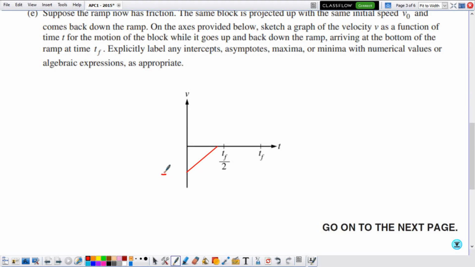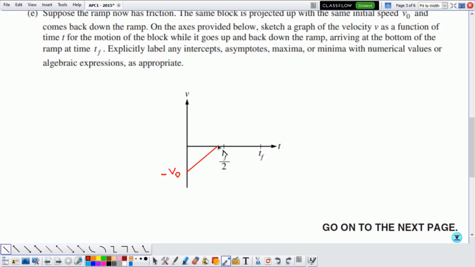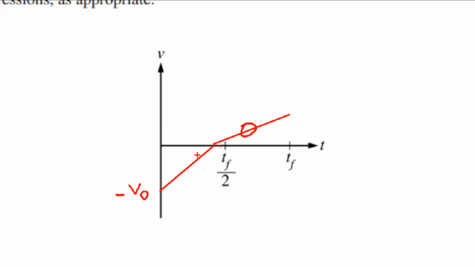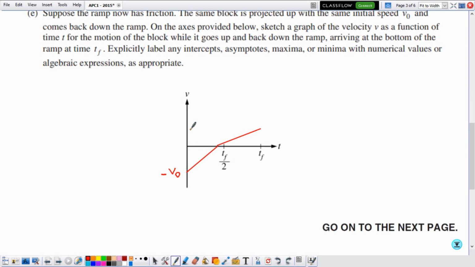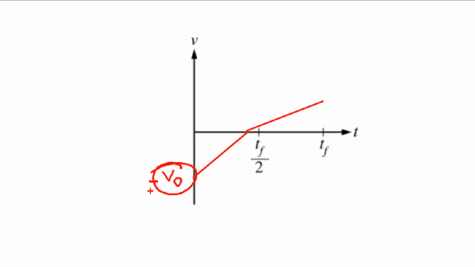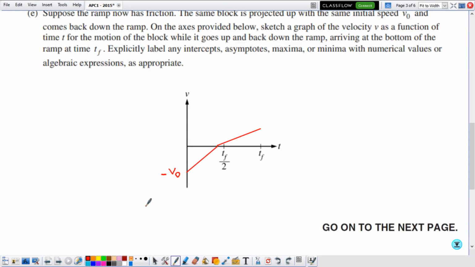And upon reaching the bottom of the ramp back again, we would expect it to be something like this. Notice that the steepness of this curve depends on the acceleration, this is steeper than that, and the final velocity at the end of the ramp would be less in magnitude compared to this one because we lost some speed due to the friction on the ramp.